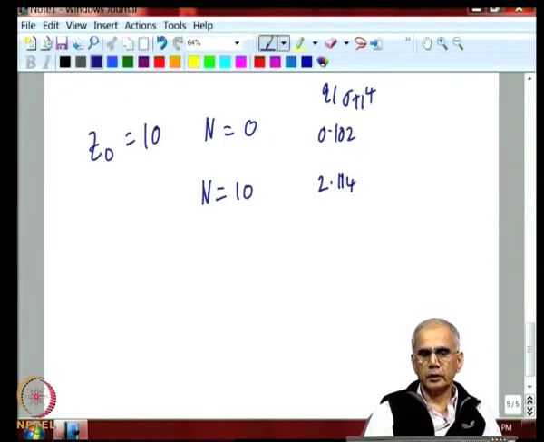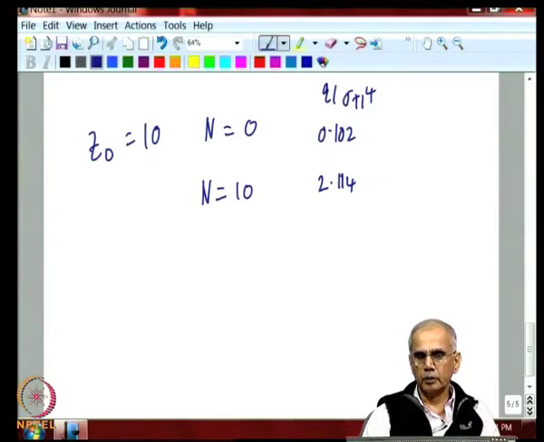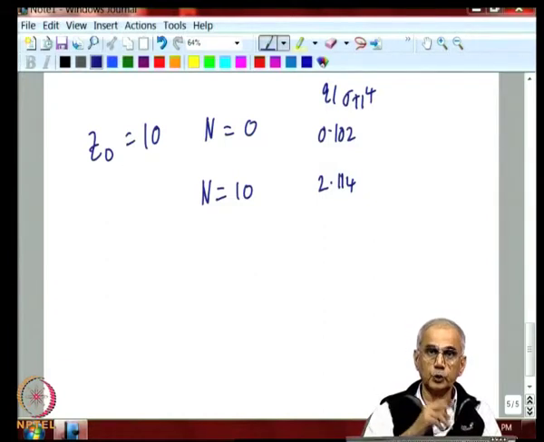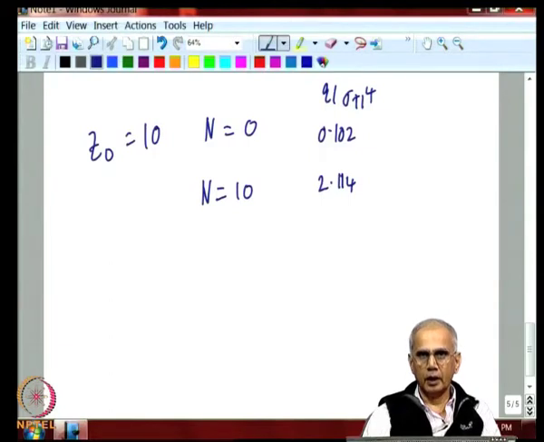Again, going from n equals 0 to 10, the heat flux does increase, but notice that the increase is only about 20 times. In the previous case, it was 200 times. So, the overall optical depth in the medium has a role to play.